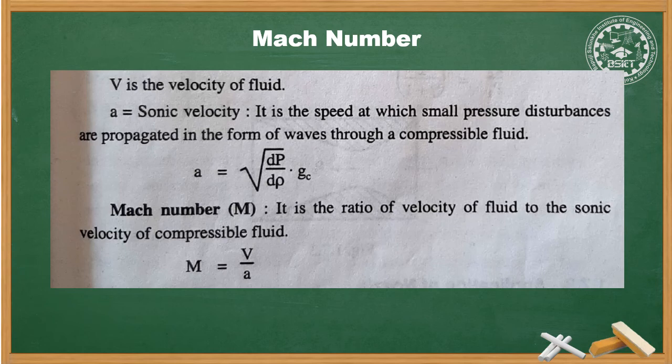When M is equal to 1, the nozzle is half subsonic and half supersonic. The convergent nozzle is a subsonic nozzle, whereas the divergent nozzle is a supersonic nozzle, and the convergent divergent nozzle is half subsonic and half supersonic.